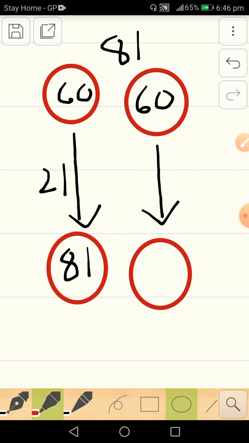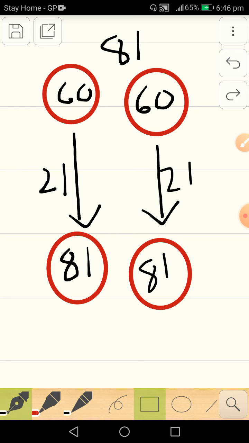Okay, so we also need to give 21 kilojoules of energy to this particle so that its kinetic energy, or its movement energy, now becomes 81. Okay, now in this case they will react.